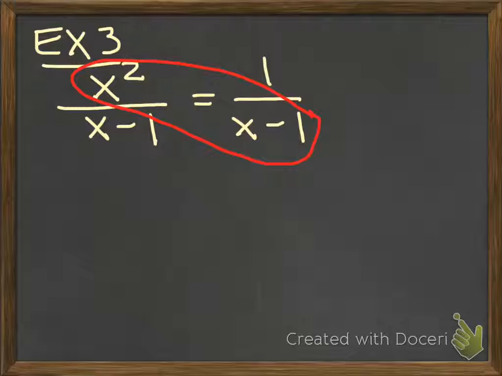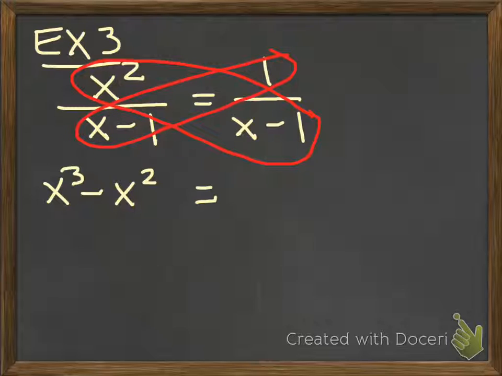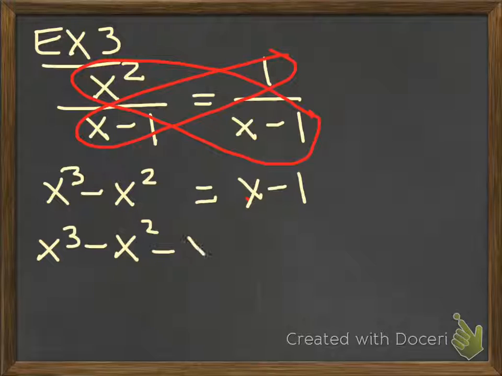That gives us x to the third minus x squared equals, I'm going to cross multiply the other way, x minus 1. We're going to bring everything to the left side. So x to the third minus x squared minus x plus 1 equals 0.